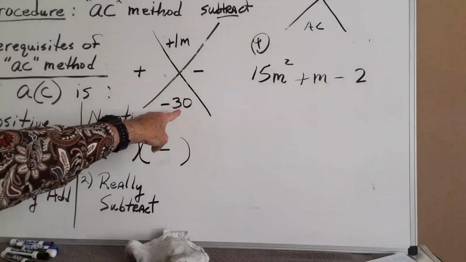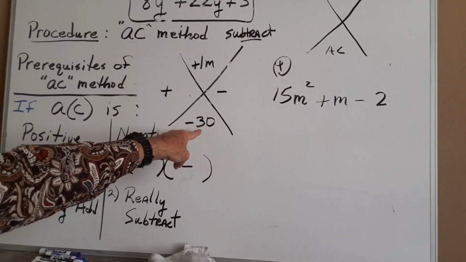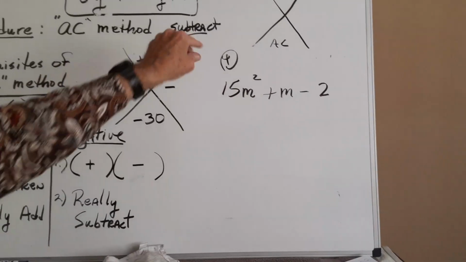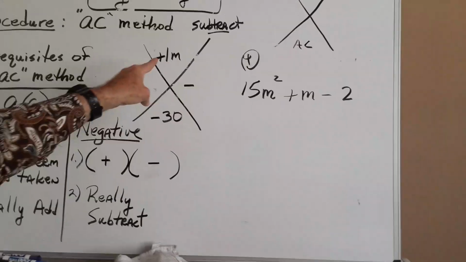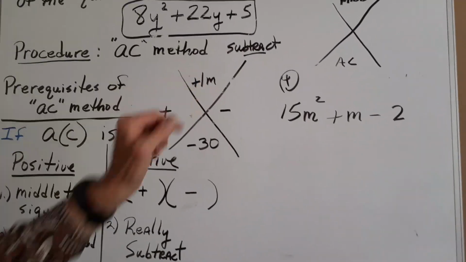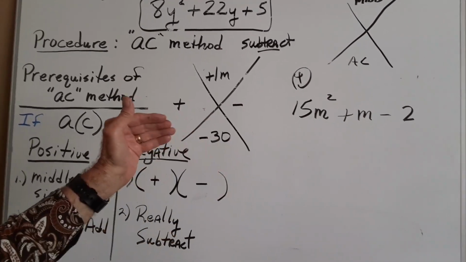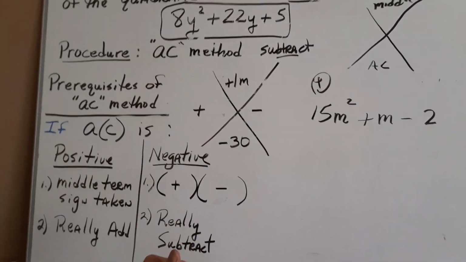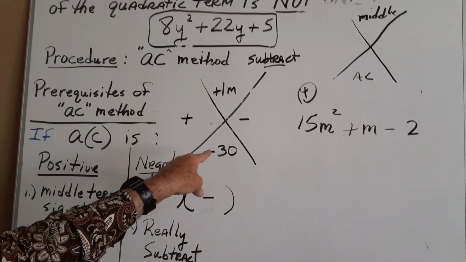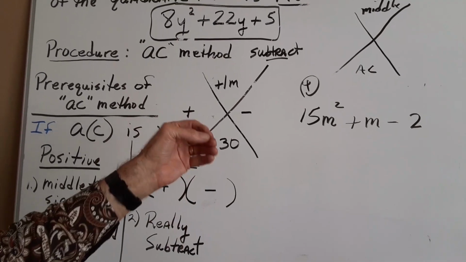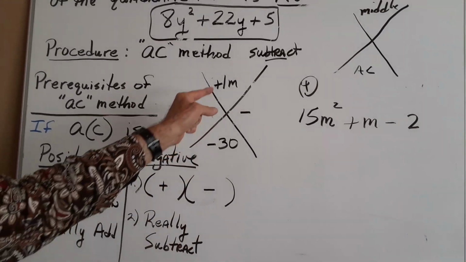We need 2 factors of 30 that when really subtracted from one another will give us 1. 6 times 5 is 30, and 6 minus 5 is 1.